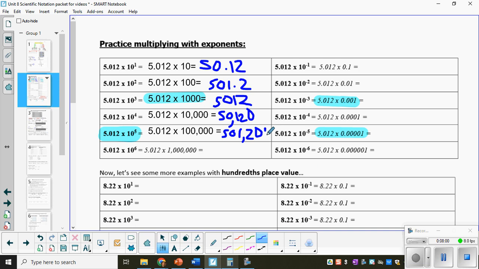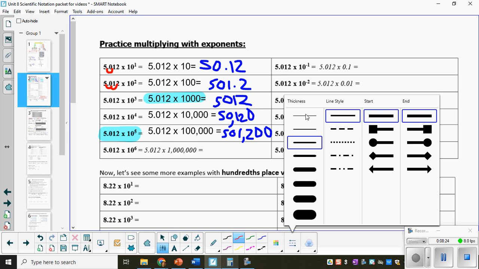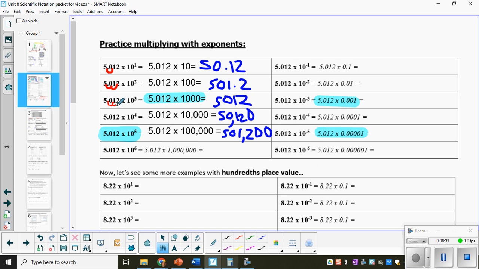So let's stop real quick and talk about the pattern together. When it was just times 10, which is of course 10 to the first power, notice that the answer just takes the decimal and moves it over once, and we get 50.12. When it was times 10 squared, or times 100, if I just move the decimal over twice, I get 501.2. So let's keep looking at this exponent. If I have a number times 10 cubed, I can just move this decimal once, twice, 3 times, and I get this answer.